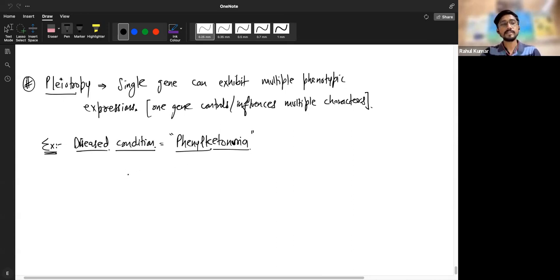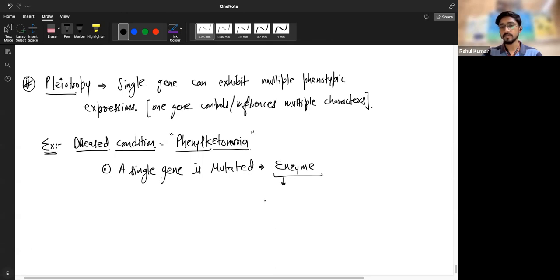A single gene is mutated. Okay. So let's try to understand. Single gene is mutated. And this gene codes for an enzyme. So the gene gives rise to an enzyme. It is the enzyme's gene.